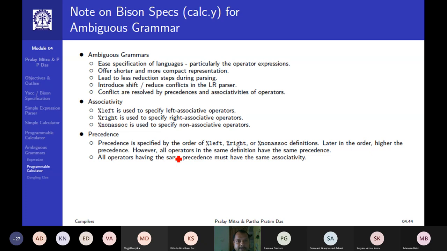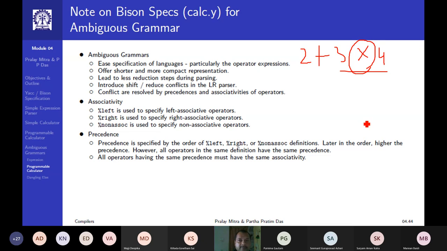That you can understand. Say if I have one expression, say 2 plus 3 multiplied with 4. Then which one will take precedence? This multiplication will take precedence.